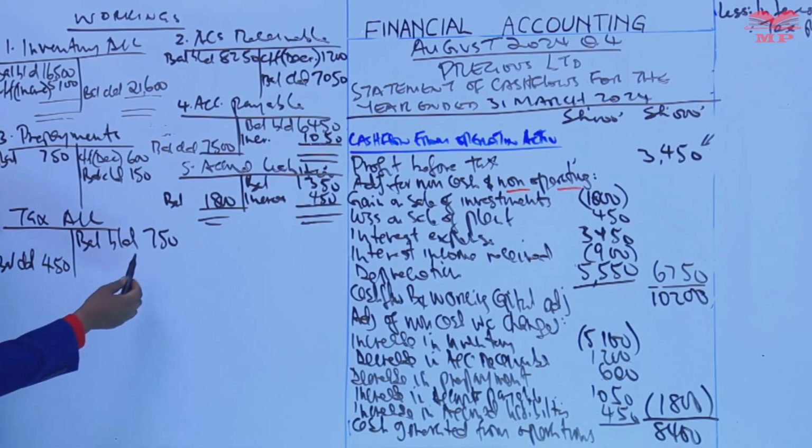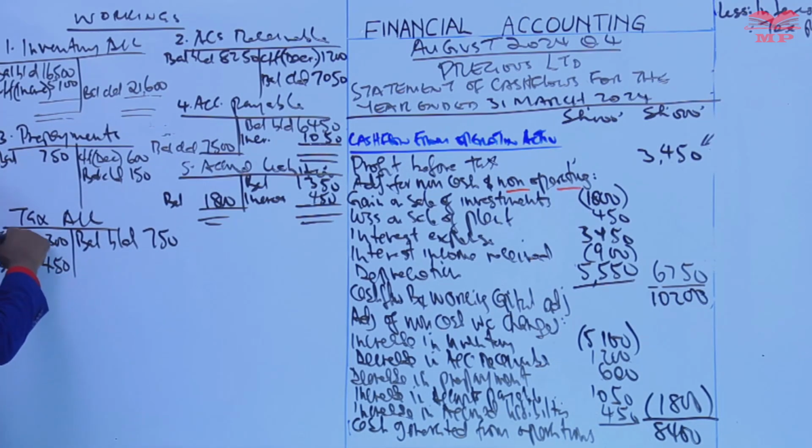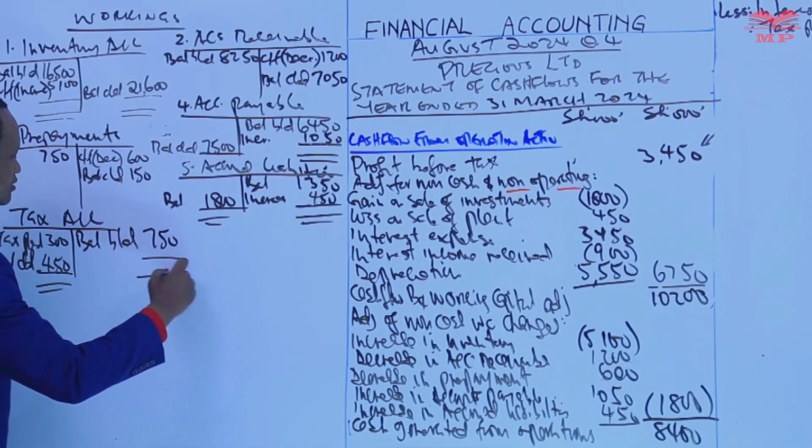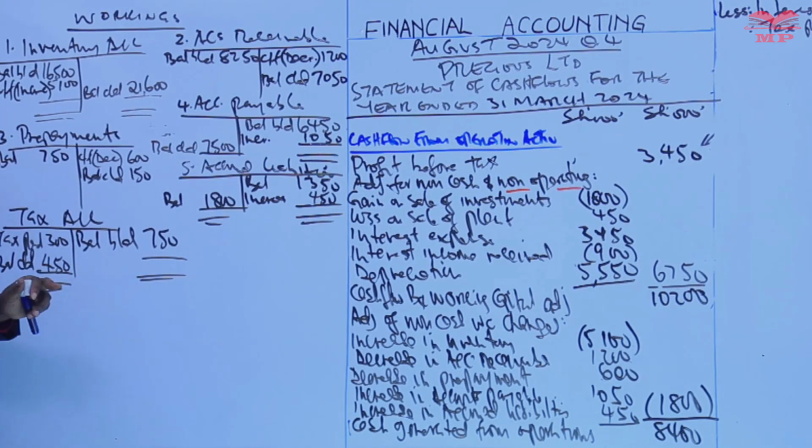So at the beginning we have 750, at the end it has gone down. That tells you that there was tax that was paid, the difference. 750 minus 450, that is 300. That is tax paid. The difference is the tax that was paid. So at the beginning 750, at the end it has gone down. That means the company paid 300.